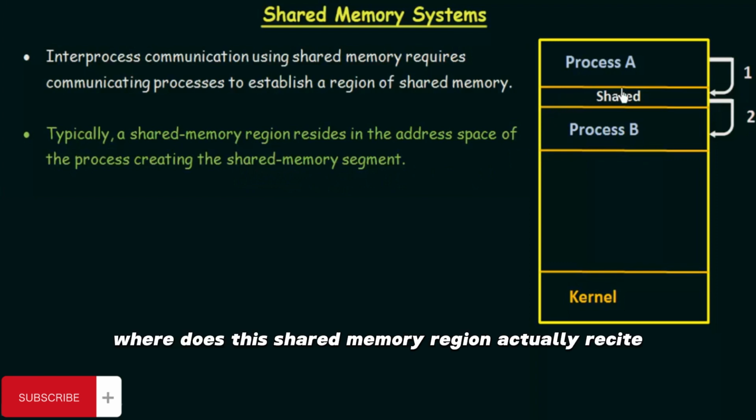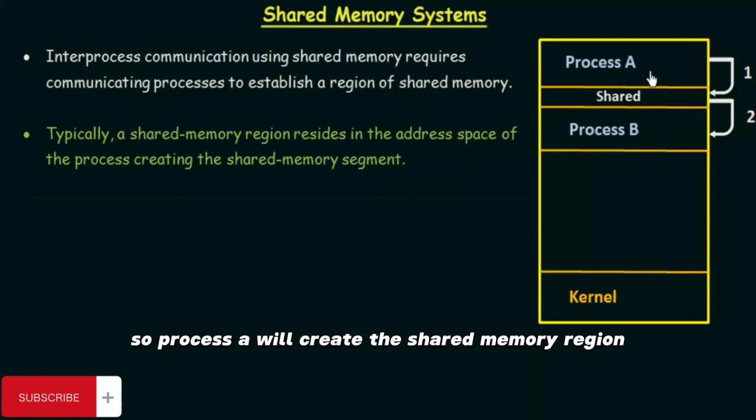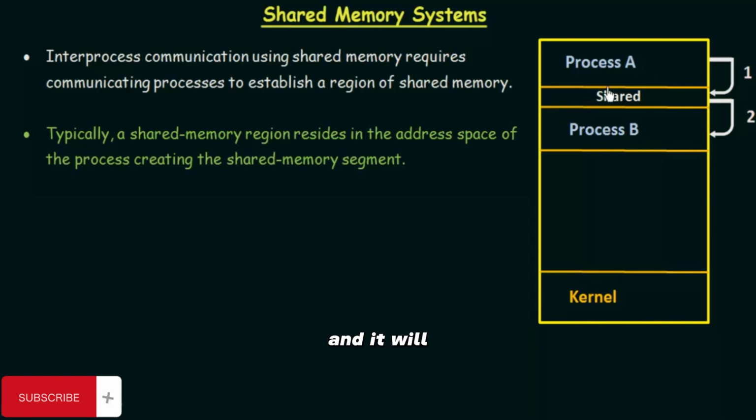So we may wonder, where does this shared memory region actually reside? The answer is that the shared memory region resides in the address space of the process creating the shared memory segment. In this example, process A wants to communicate with process B. So process A will create the shared memory region, and it will lie in the address space of process A. That means process A is the one who wants to initiate the communication.